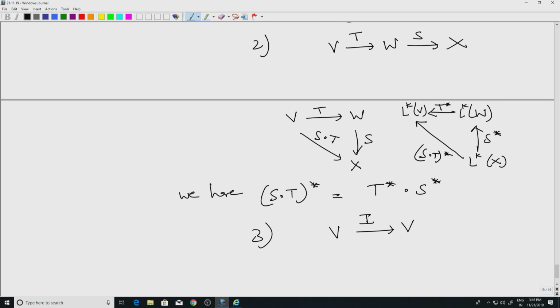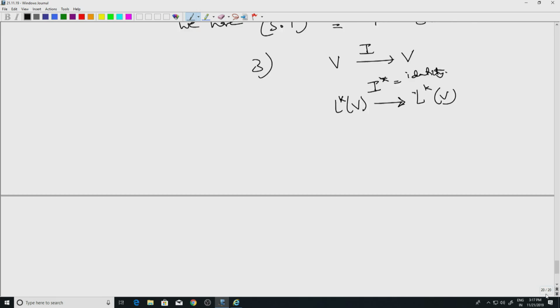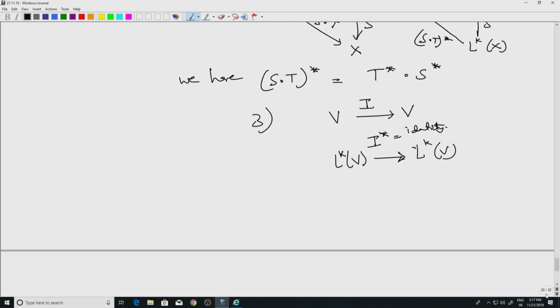So if I have the identity map from V to V, then this I star from L^k(V) again to L^k(V) is also identity. All of these things are extremely straightforward to check. Other than the definition, nothing else is needed. So we'll move on and I'll leave it to you to check that these things are true.